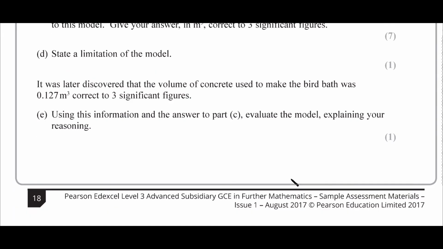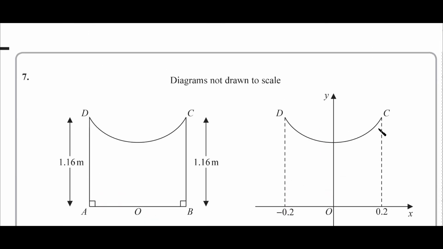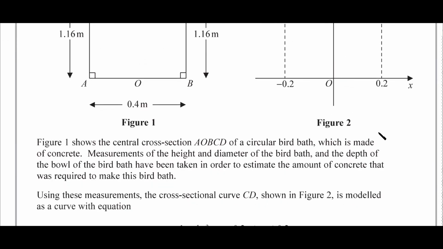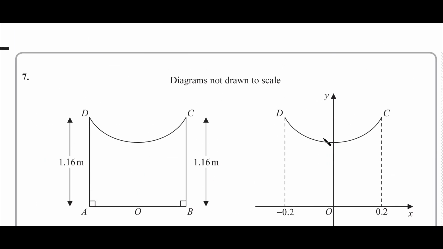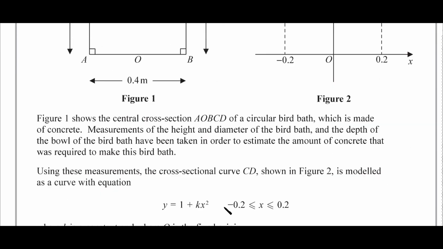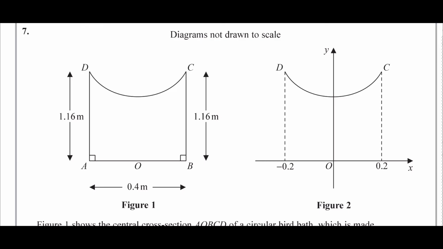To do this question, first of all, we've got this equation, y equals 1 plus kx squared, and essentially we've got this curve of the quadratic. When x is equal to 0, y is equal to 1, so this point over here is 1.